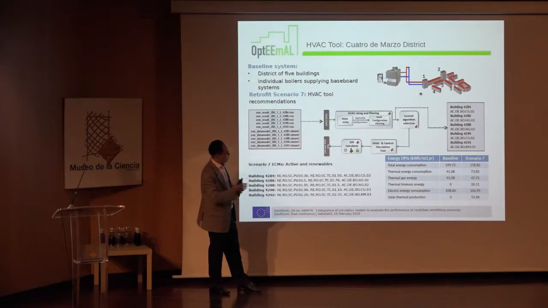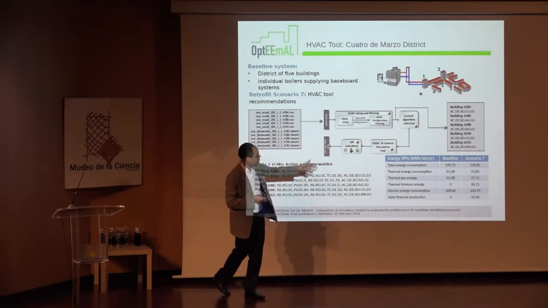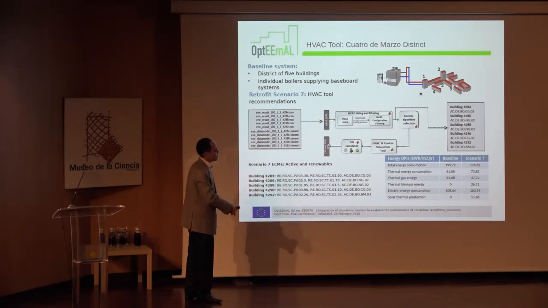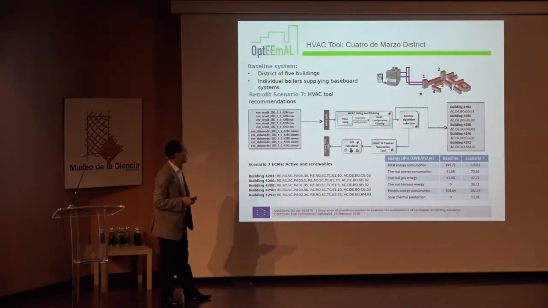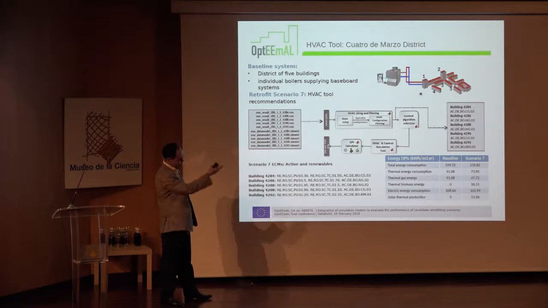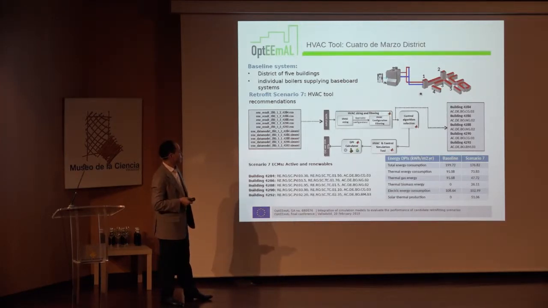And the tool will execute all that, and will calculate the district performance indicators, as you see a snapshot of that in the table. These are some indicative energy KPIs: baseline compared to scenario 7, and you see a reduction in the total energy consumption for that scenario.